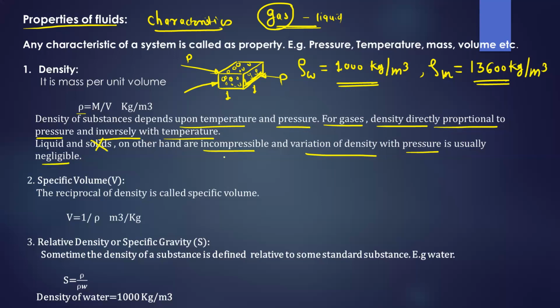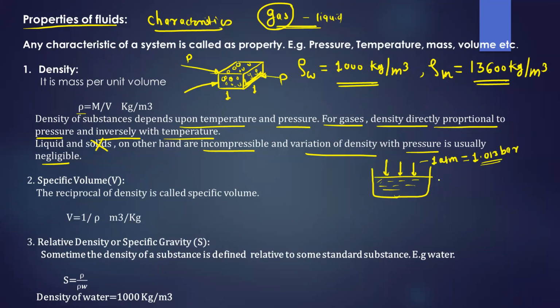If you take water, it is an incompressible liquid, so there is no variation in the density with respect to pressure. Let us take this pressure as 1 atmosphere. One atmosphere means 1.013 bar.